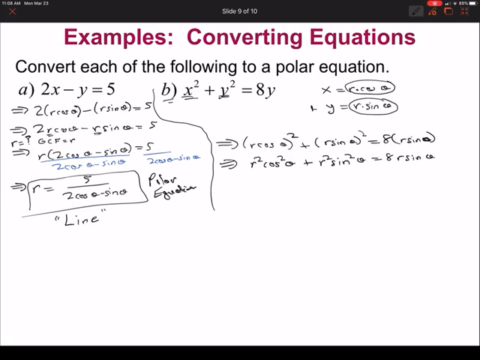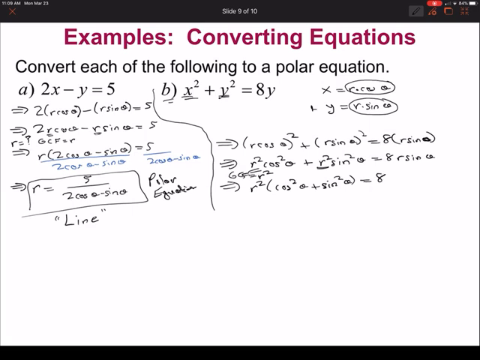So looking at this right now, I'm going to go ahead and simplify real quick. As you look at the left-hand side, you might notice we have that common factor of r squared. I want to go ahead and factor that out, because when we do that, you're going to notice one of our identities from our previous chapter. So as we factor out r squared, we're left with cosine squared theta plus sine squared theta.